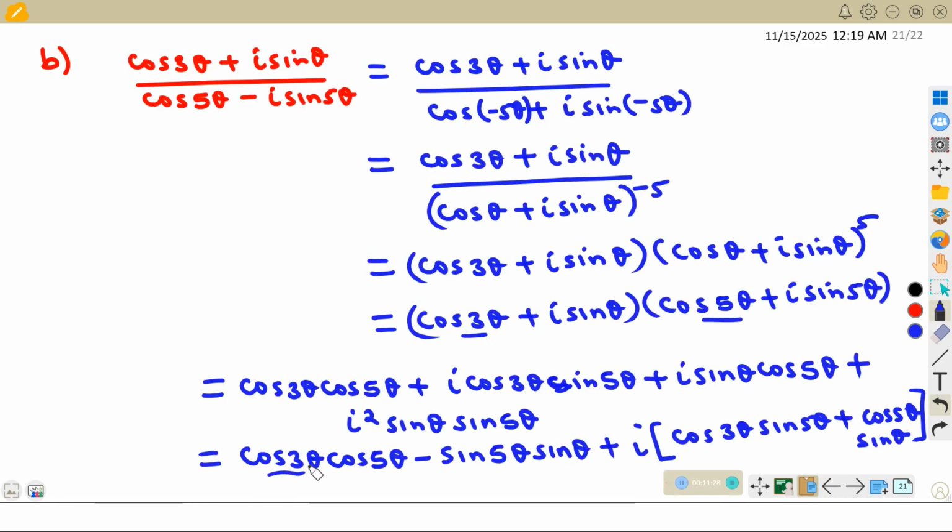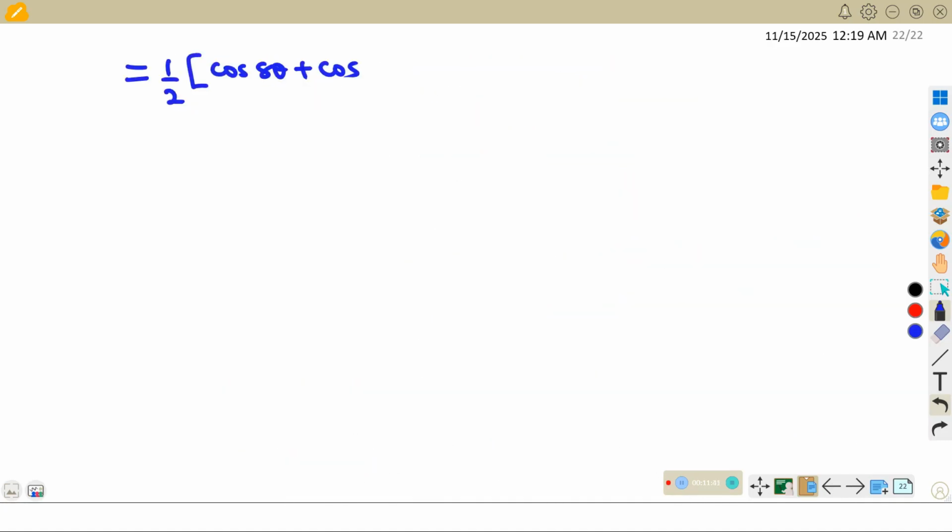So cos 3 theta cos 5 theta comes from cos plus cos. So that is 5 theta plus 3 theta, that is 8 theta, then 2 theta. So it means it will be cos 8 theta, then plus cos of 2 theta. When you expand this, you should be able to come back at cos 5 theta cos of 3 theta.